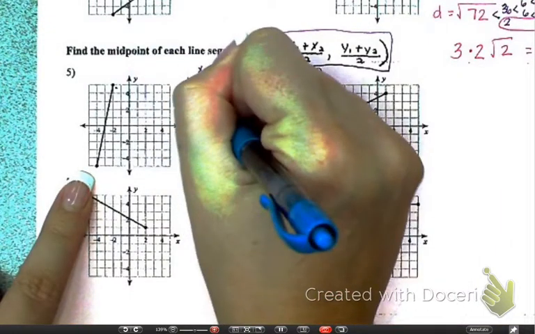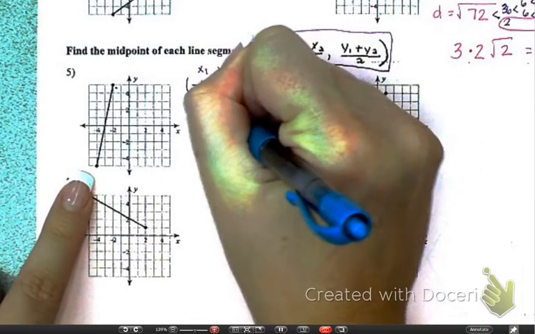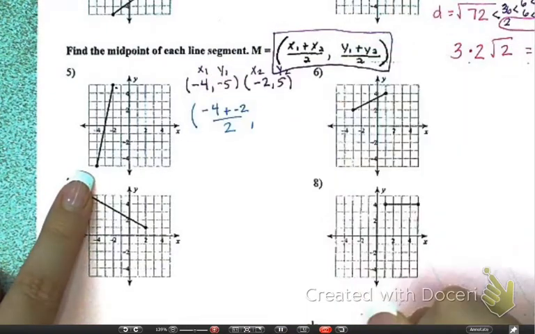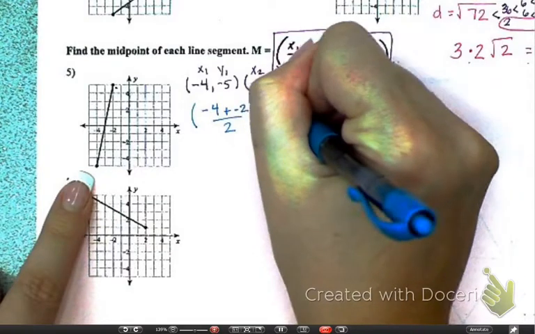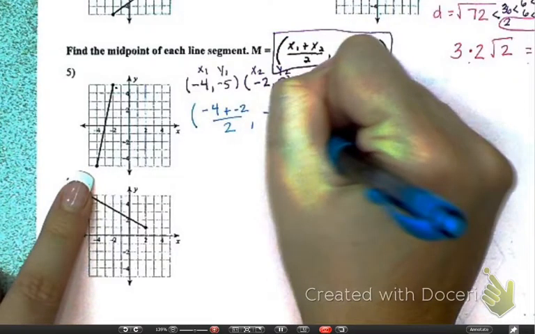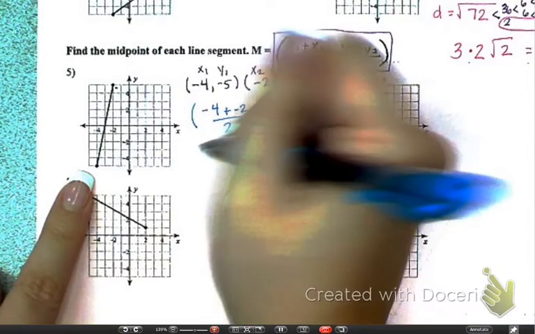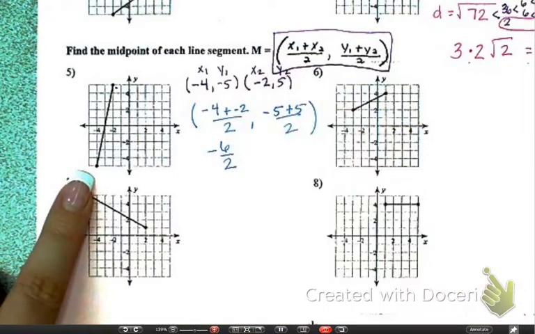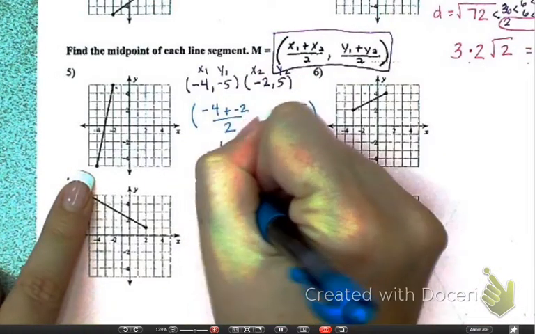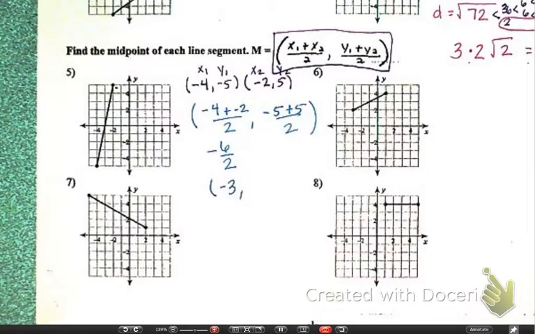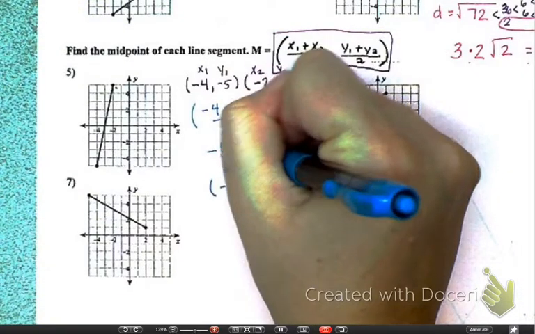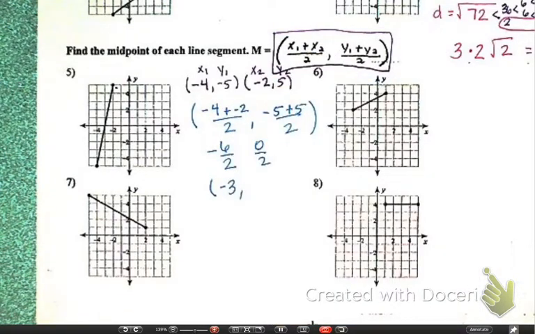So let's plug everything in based on what we have labeled. -4 plus -2 divided by 2, and -5 plus 5 divided by 2. -4 plus -2 is -6, and -6 divided by 2 is -3. -5 plus 5 is 0. 0 divided by 2 is 0.